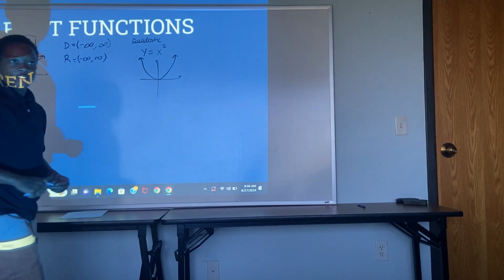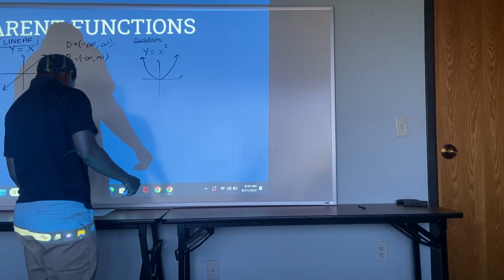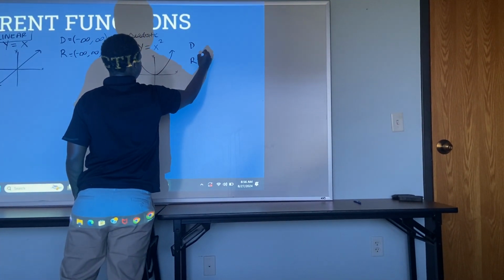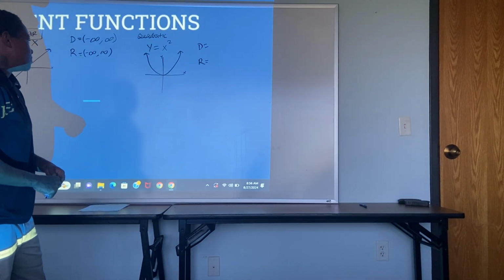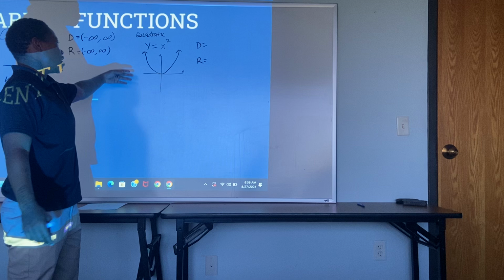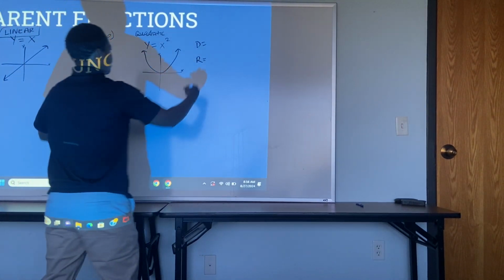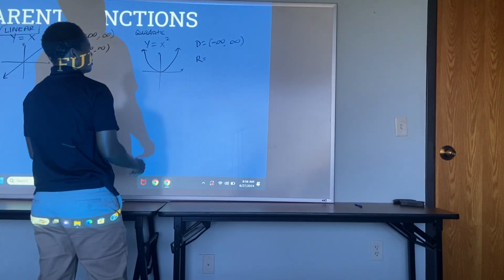Excuse my lines if they're a little crooked. Okay, so again, we want to try to find what our domain and our range would be. Looking at it, let's start with our domain. Domain would be negative infinity all the way to positive infinity because it keeps going.